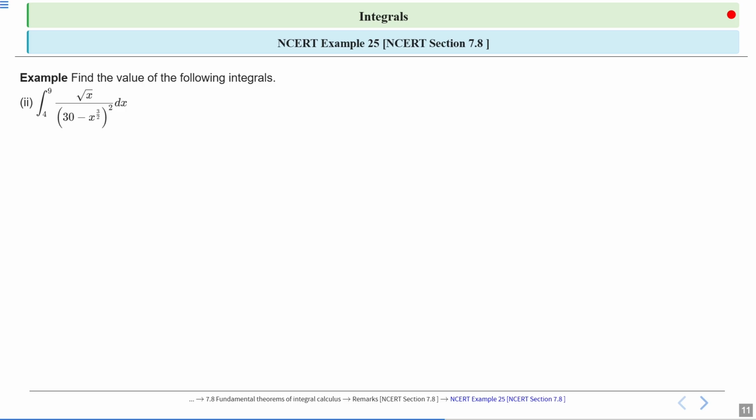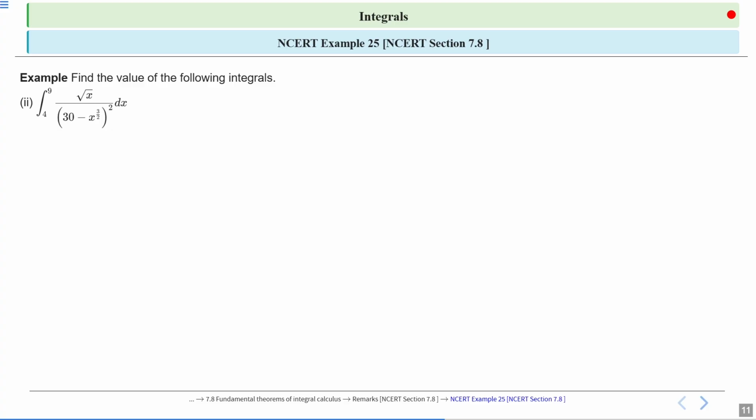So find the value of the following integral. Integrate from 4 to 9, where the upper limit is 9 and the lower limit is 4, and the function is (root x by 30 minus x to the power 3 by 2) whole square dx.